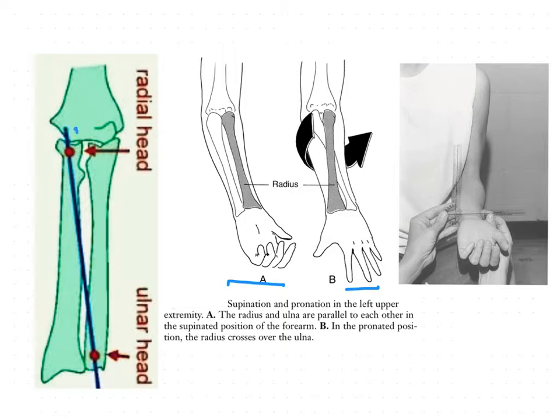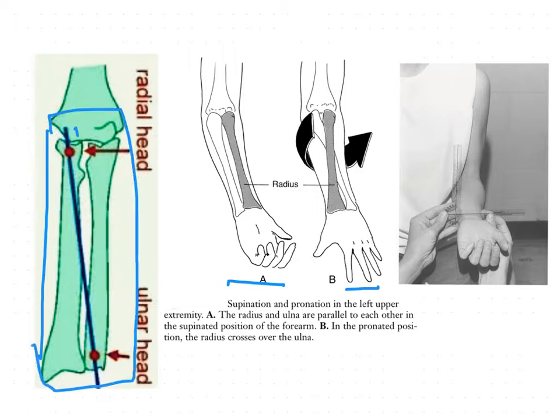longitudinal axis. Here you can see this is the longitudinal axis of radio-ulnar joints. It extends from the center of the radial head to the center of the ulnar head.